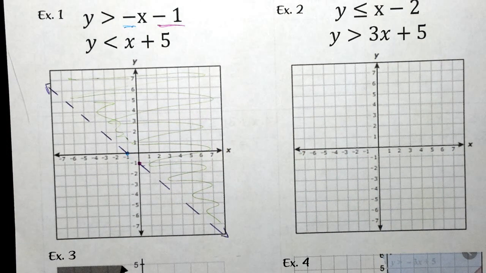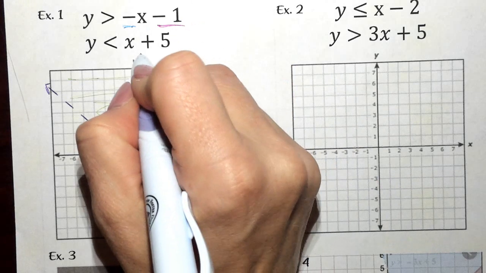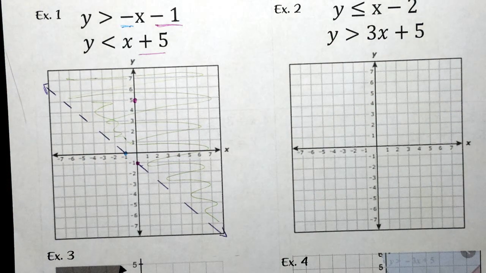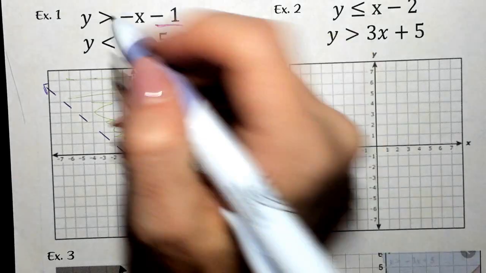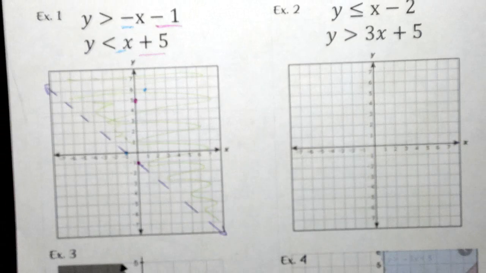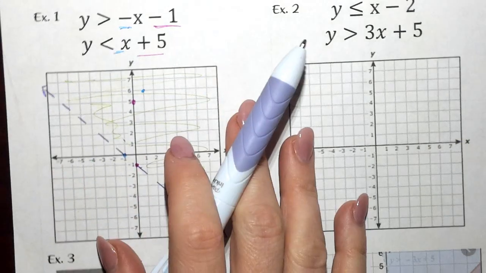Let's graph that second one, again starting at the y-intercept at 5 and then plotting points based on slope. This one, the slope is 1. And then connecting our lines. Again, we have a dashed line.